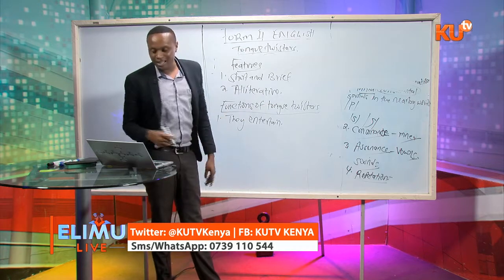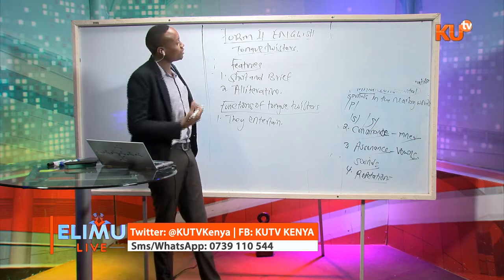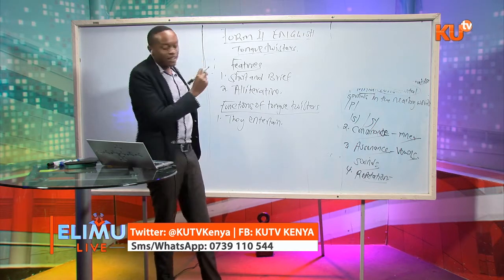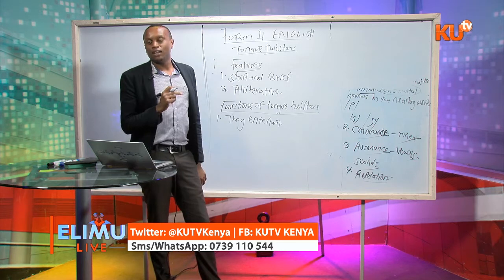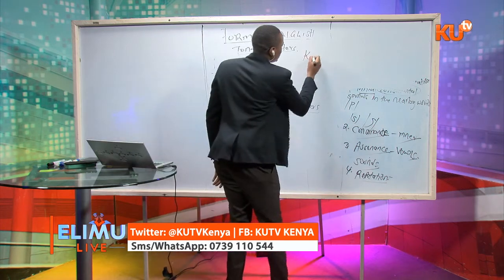So I have a tongue twister here in Kikuyu. It's a Kikuyu tongue twister. Also try to be creative enough. Give your own tongue twister in your L1 language. As long as you can give a translation to that tongue twister, you always get a mark. Most people know this one.